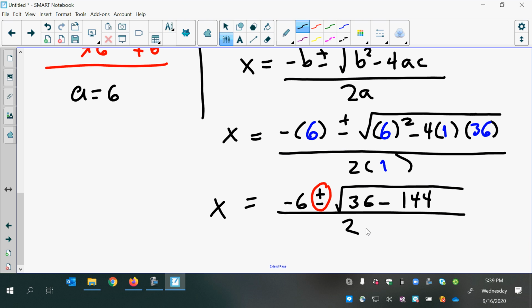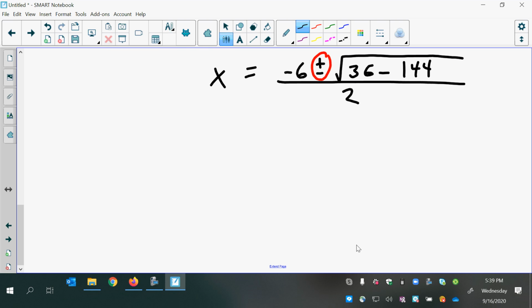All right, and then 36 minus 144, negative 108. Uh-oh, we have a negative under our radical symbol, and it's an even root. And we know that you can't raise something to an even power and get a negative result.